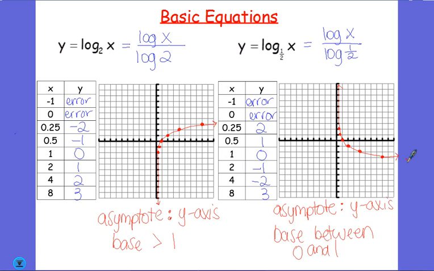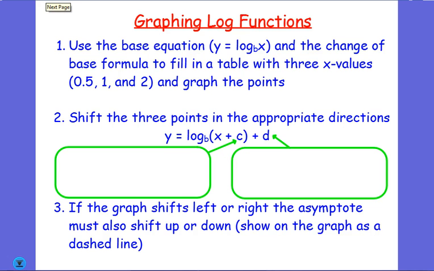So let's take a look at how we're going to apply this to all of our graphs today. These are very similar steps that we saw last lesson. You're going to use your base equation, which stops with x, y equals log base b of x, and you're going to use the change of base formula like we just did to fill in the table with only 3 x values.